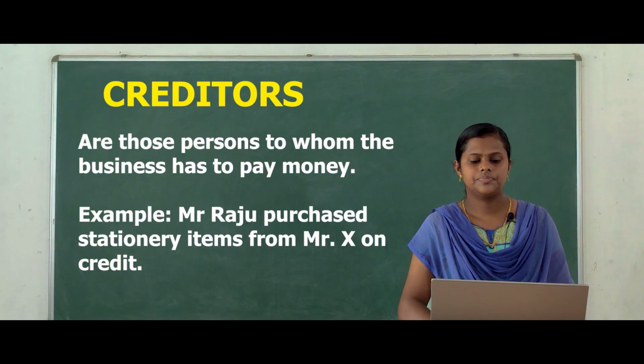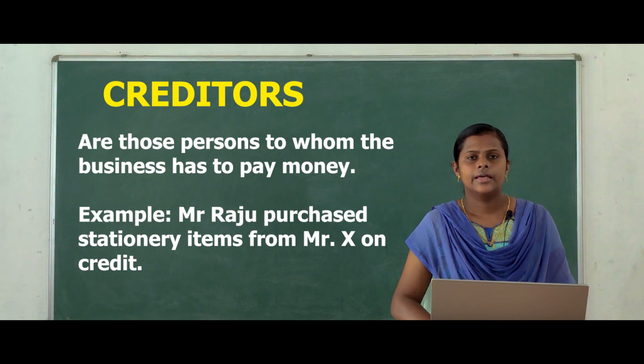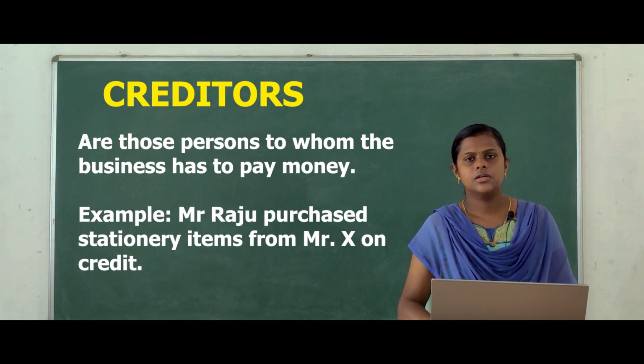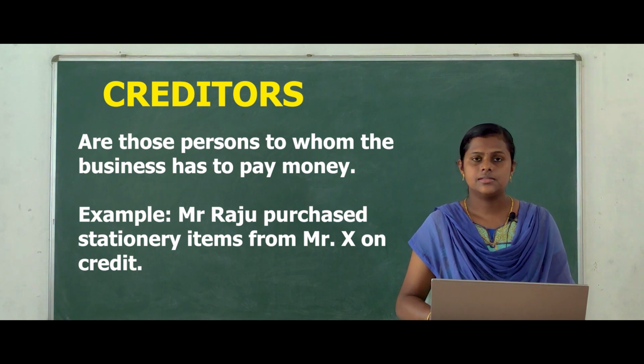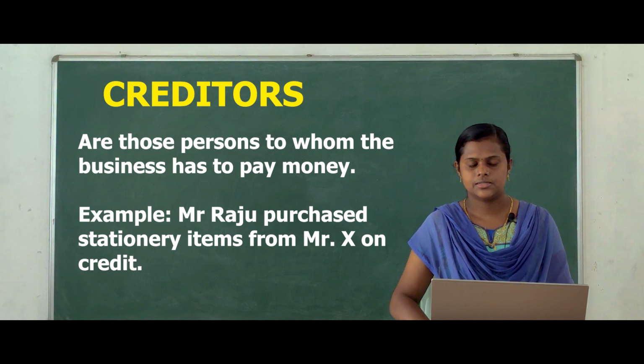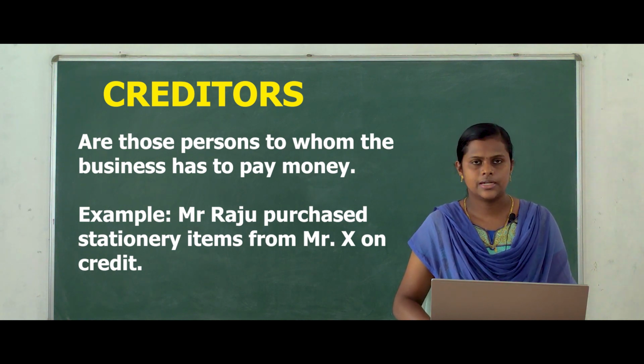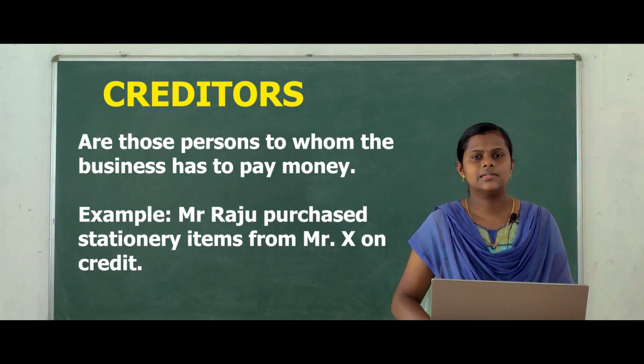The next term, creditor. Creditors are those persons to whom the business has to pay money. It is just opposite of debtors. A creditor arises when there is a credit purchase. In the case of credit purchase, there is no immediate settlement.